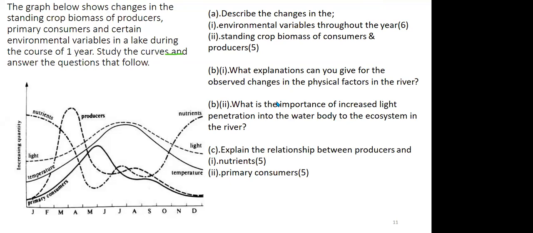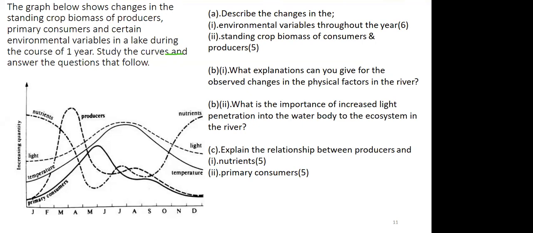But maybe also to cut you short a bit, we don't talk about the producer and the consumer separately, because it's a predator-prey relationship, sort of, or a herbivore-plant relationship. So to make things easier on your side, you should start by talking about the producer and then relating its population to that of the consumer.